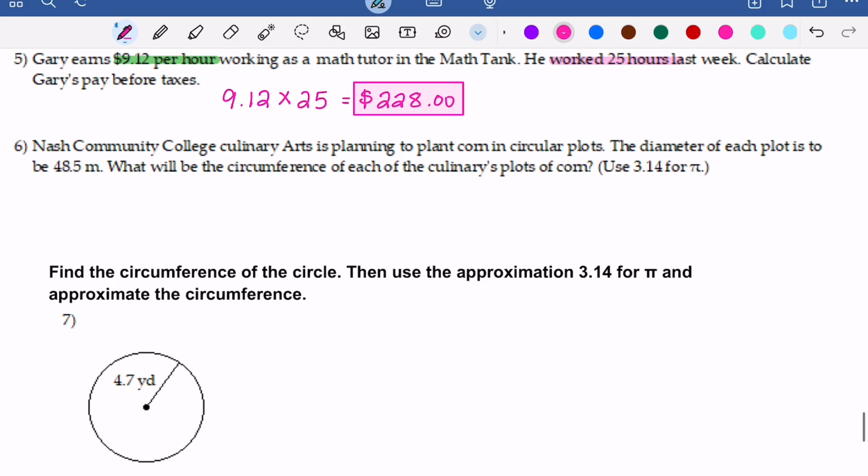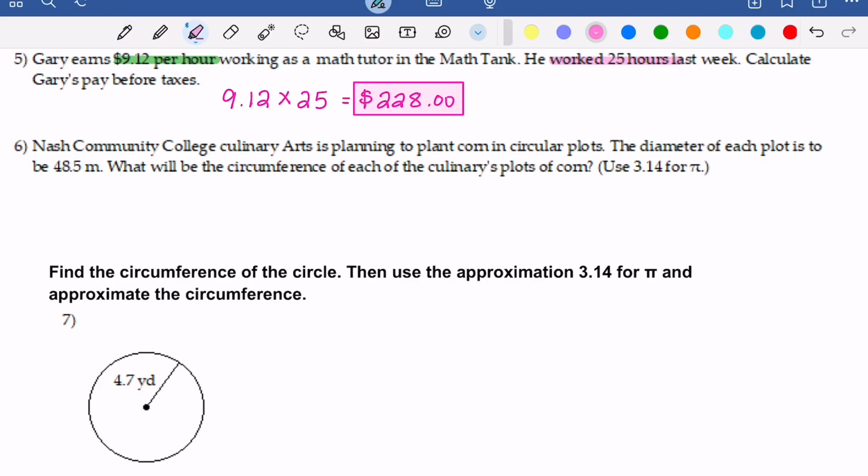Number 6, Nash Community College Culinary Arts is planning to plant corn in circular plots. The diameter of each plot is to be 48.5 meters. What will be the circumference of each of the culinary's plots of corn? Use 3.14 for pi. So if we want to know the circumference, first we have to know the formula.